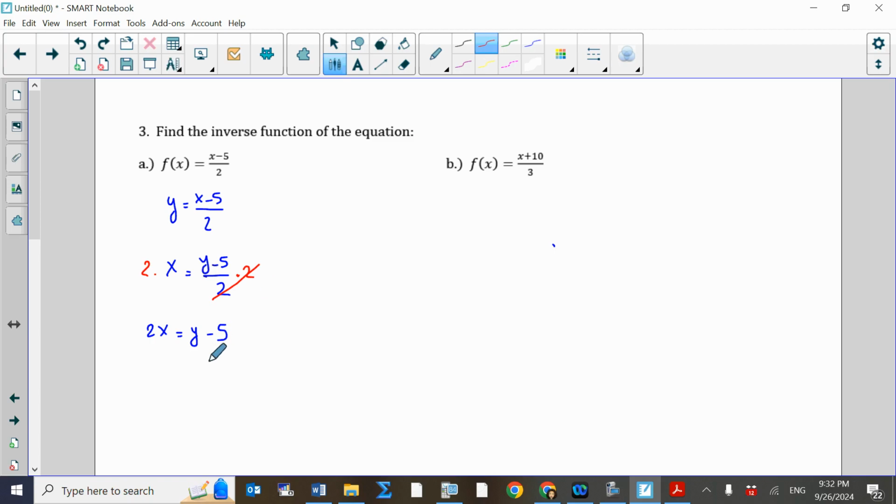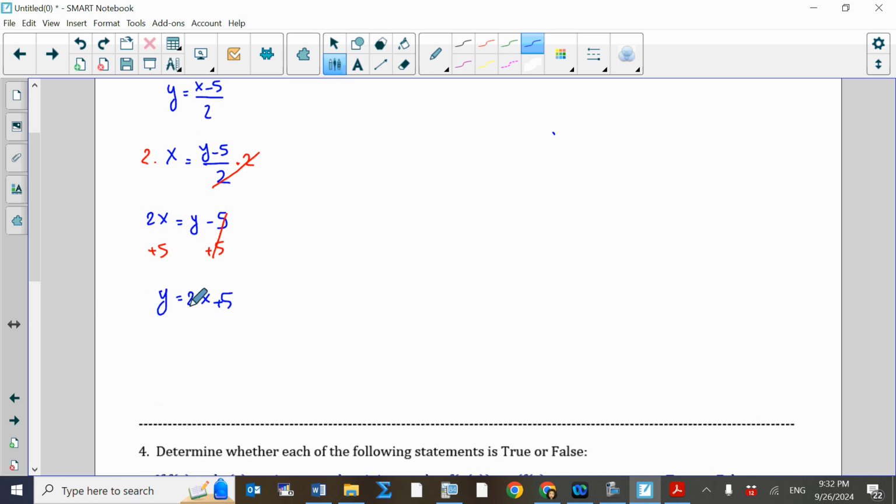Now undo negative 5. Add 5 to both sides. And I'm going to write the y on the left side. And the other part is 2x plus 5. This is my answer. However, I'm going to write with the correct notation. Y is f negative 1 of x equal to 2x plus 5.